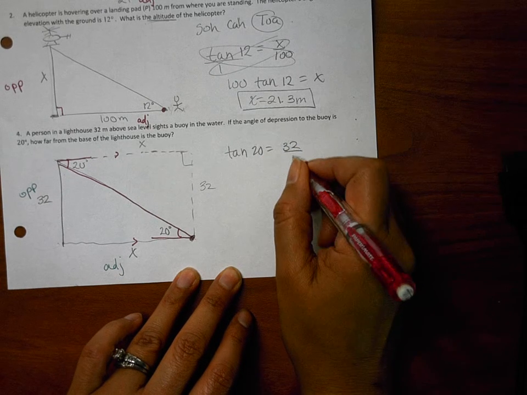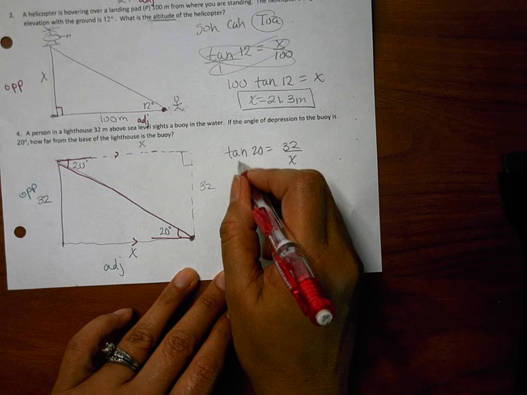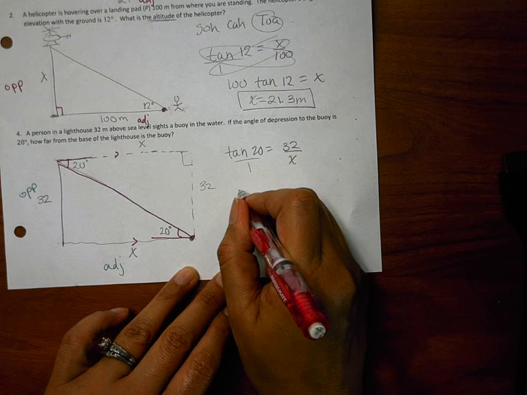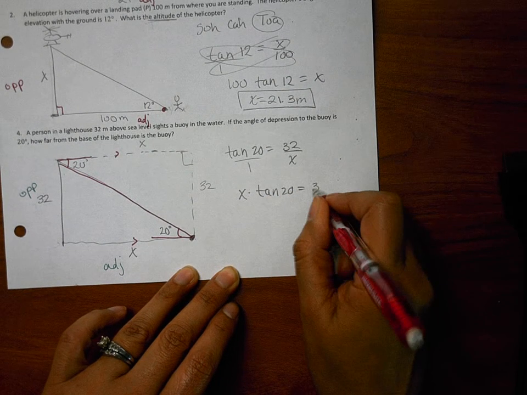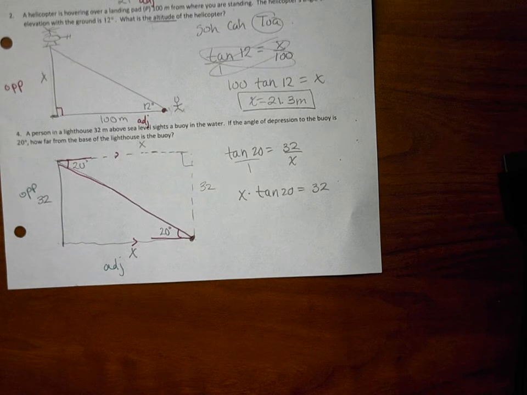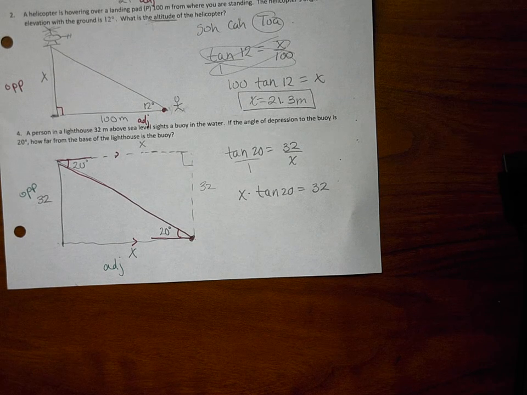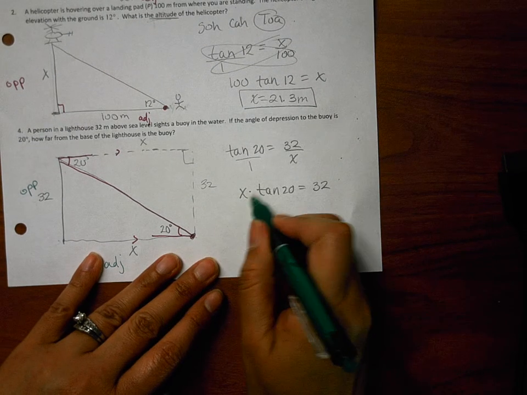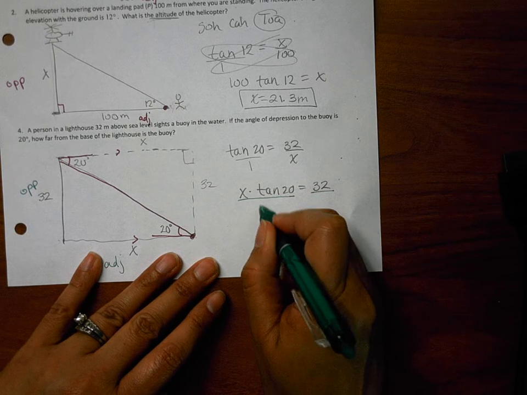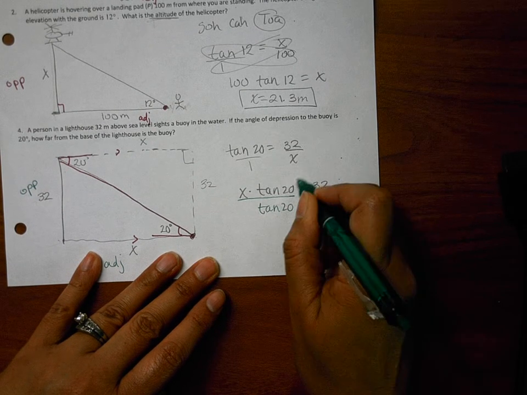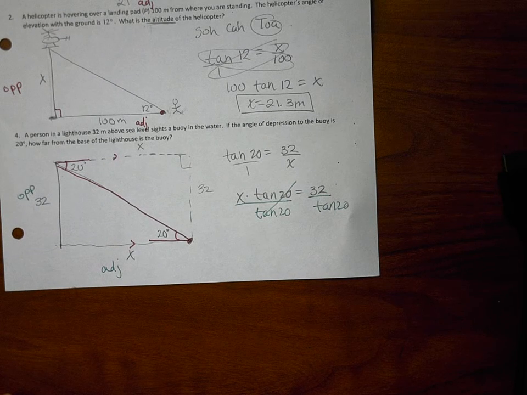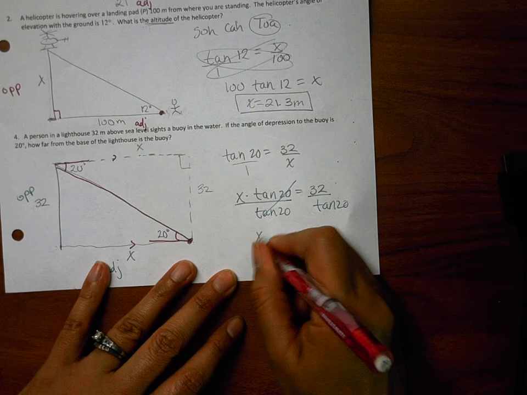So this is again tangent. Tangent of 20 equals 32 over X. Cross multiply. This is the easy one. Actually, it is not, sorry. X times tangent of 20 equals 32 times 1 is 32. This is the one with the extra step. Because I'm not ready to plug in the calculator, I have to get X by itself by dividing both sides by tangent of 20.